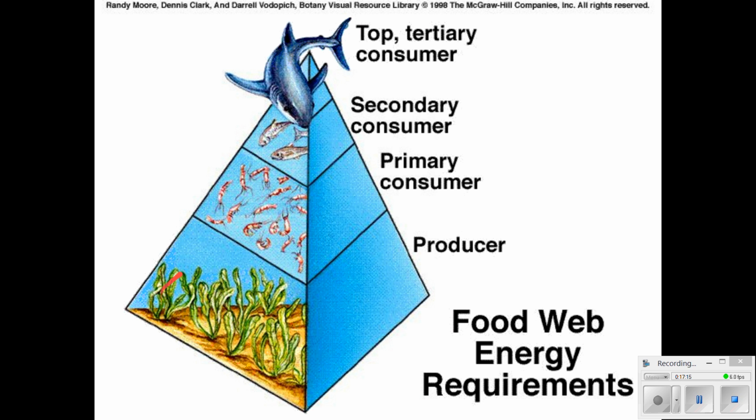So if we pretend these producers collect one molecule of toxin, then the herbivores above that, who are eating the plants, and eating more plants than just one, right? They're eating plants for energy and to build themselves. As they eat those plants, they're going to be collecting those molecules of toxin.